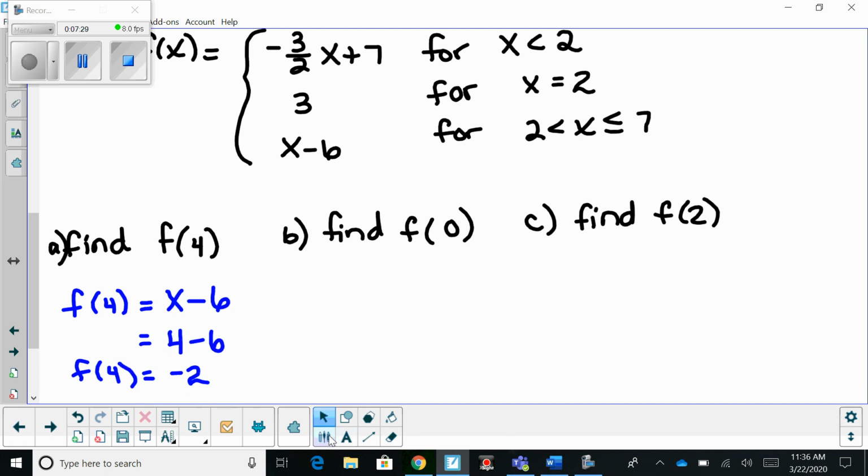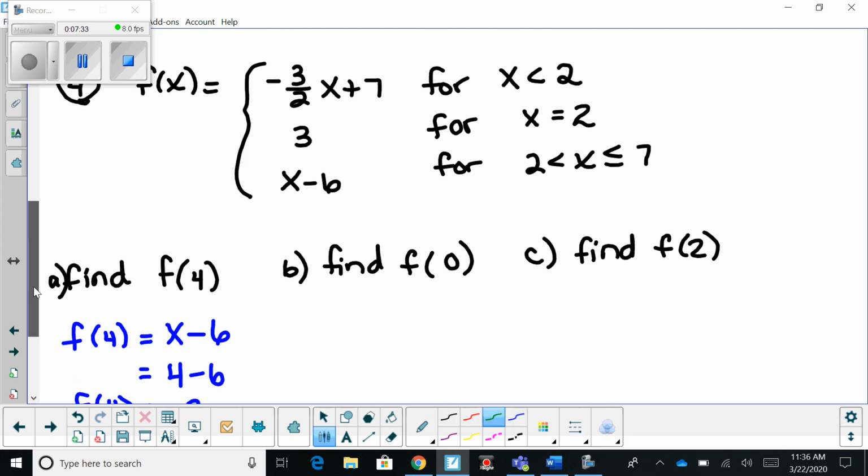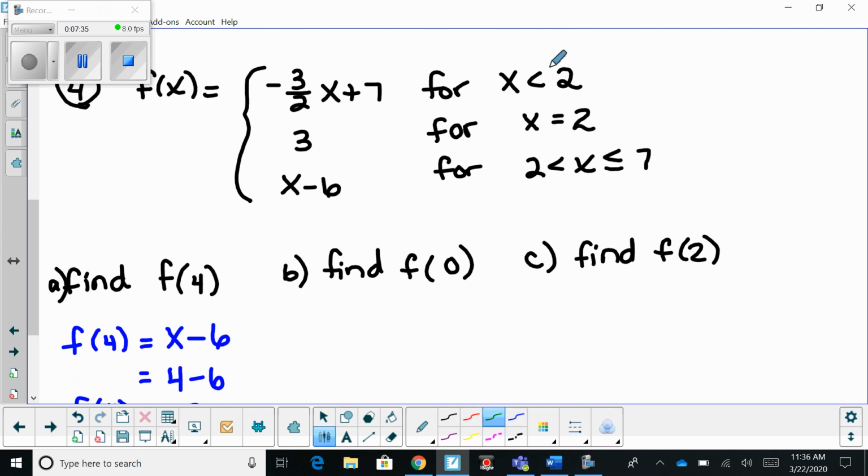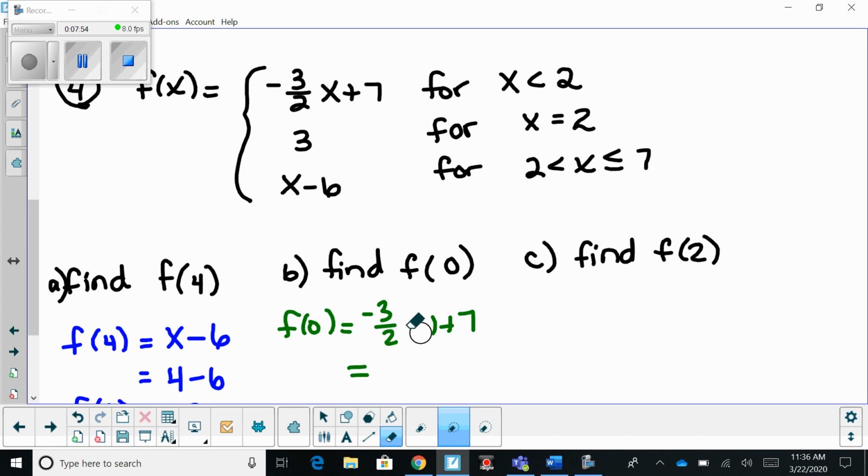All right, our second one, f of 0. Where does 0 fall in this function? Well, 0 is the top piece. It is less than 2. 0 is less than 2, so I'm going to plug in 0 into that top piece. -3/2 x plus 7.